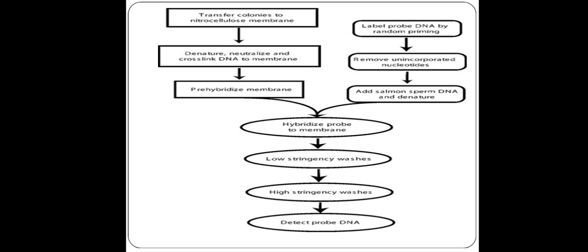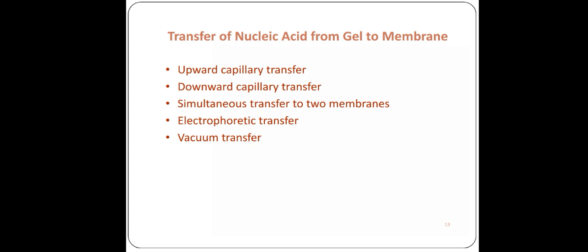Label probe DNA by random priming, remove unincorporated nucleotides, add salmon sperm DNA and denature. Hybridize probe to membrane, low stringency washes, high stringency washes, and detect the DNA probe.